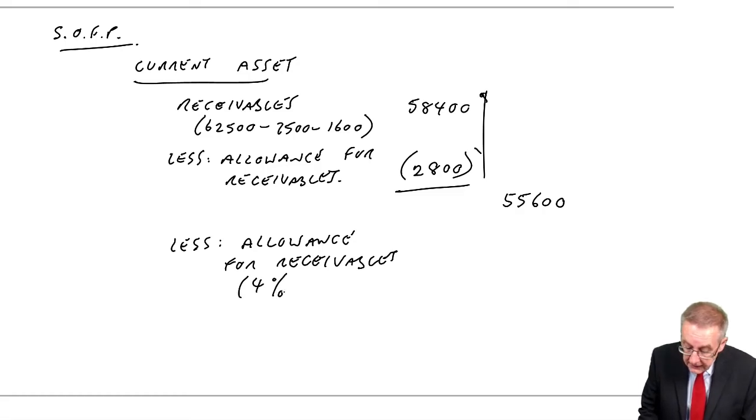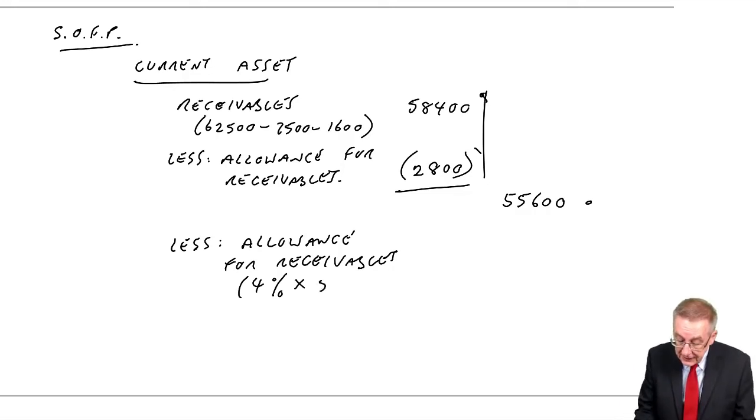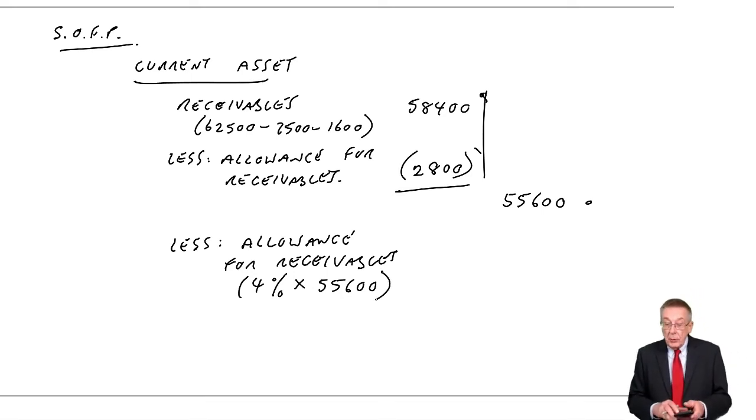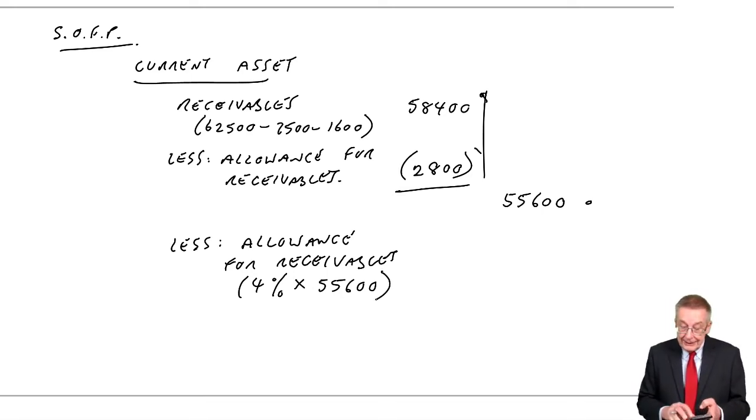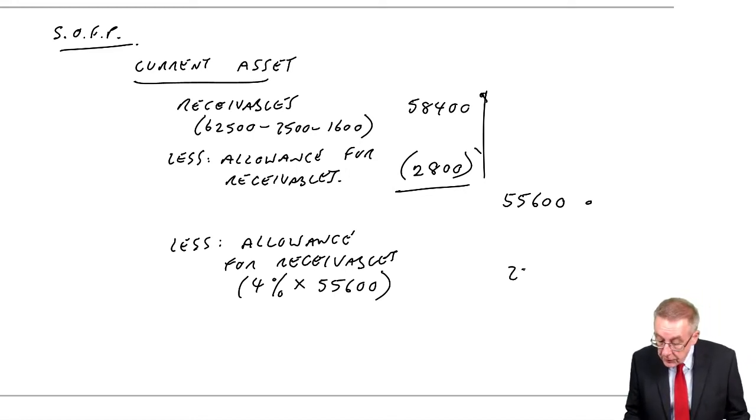Again, we don't know who it relates to, it's just to be safe. It's 4% of the amount we think is okay so far, 55,600. And so to be safe, we'll subtract another 2,224.